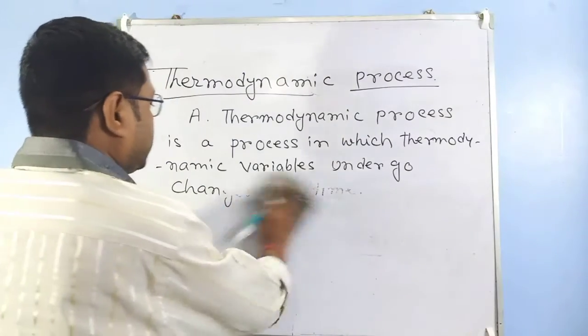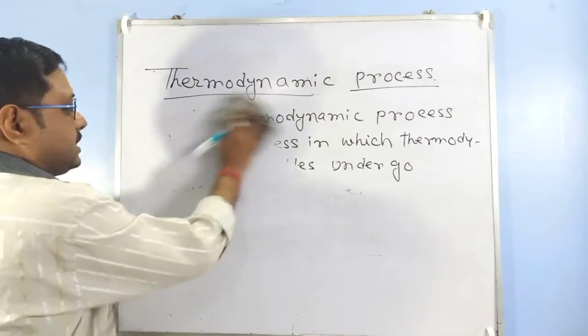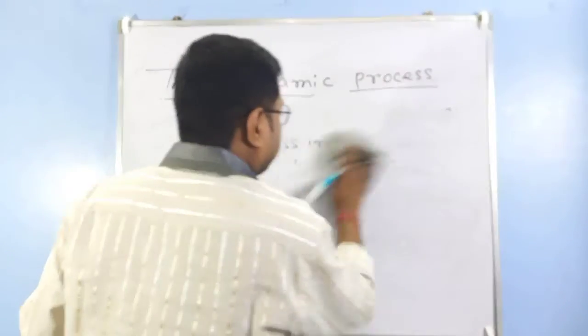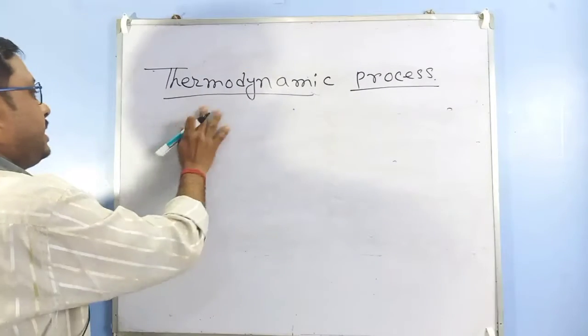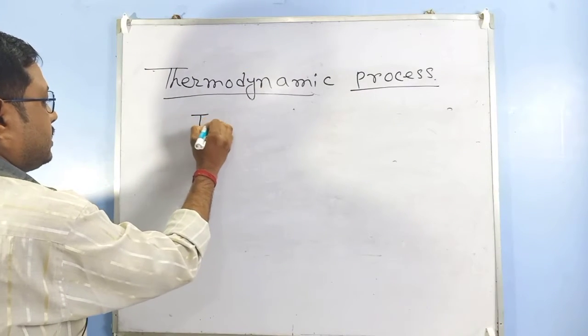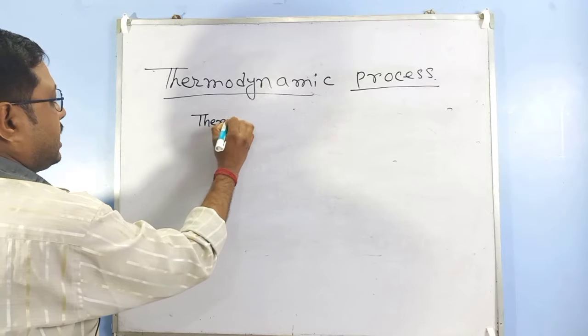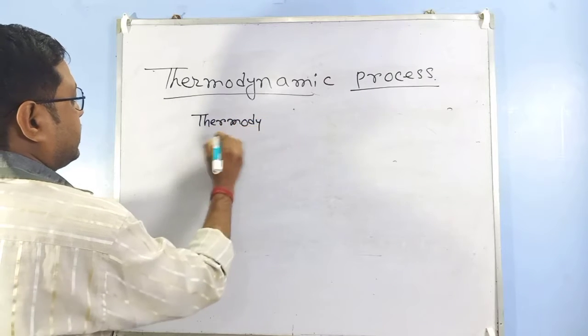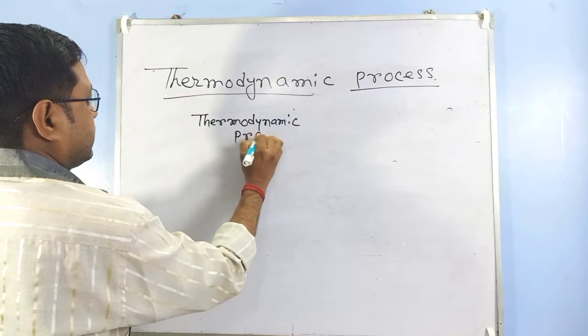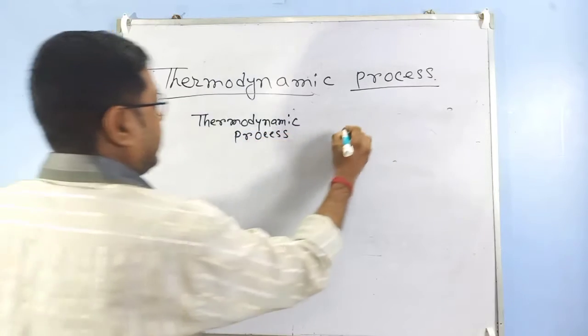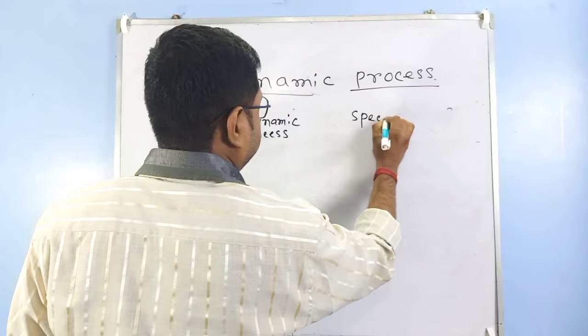Now there are 4 thermodynamic processes. So we can write them in a chart: thermodynamic process and special features.